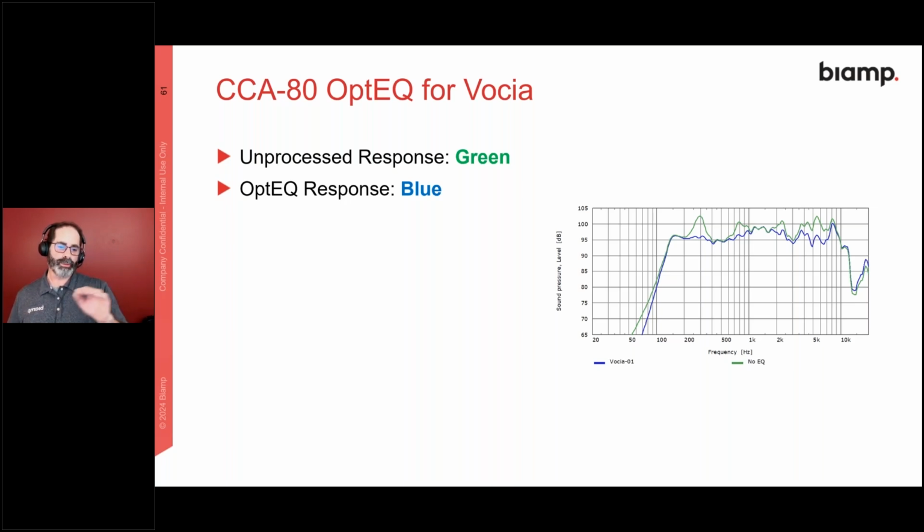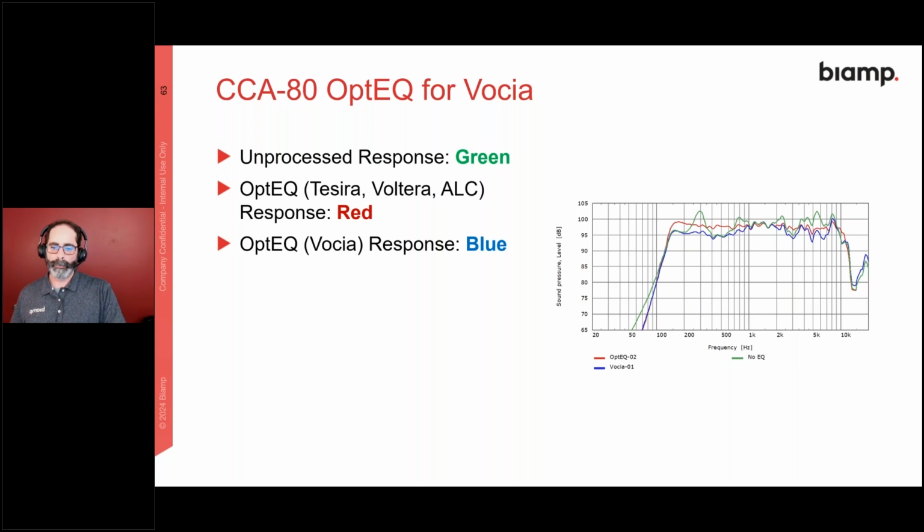So you get the high pass filter and some parametrics that don't quite do everything that the FIR filters do in Tesira, but they help remove any of the more problematic frequencies that need to be balanced. So there's a comparison overlaying what you would get in a Tesira or Voltera type system versus Vocia, the red and the blue.